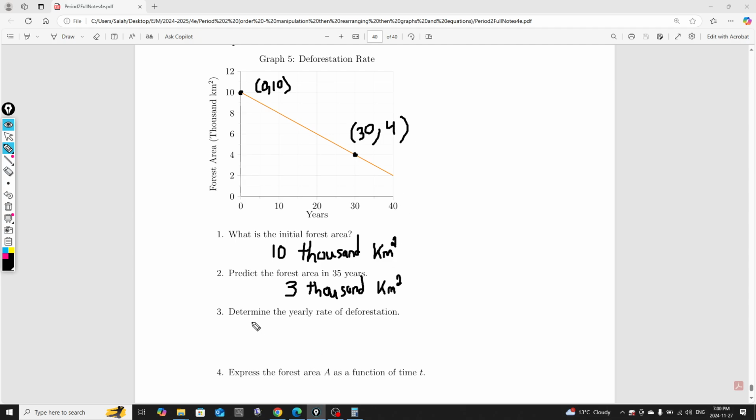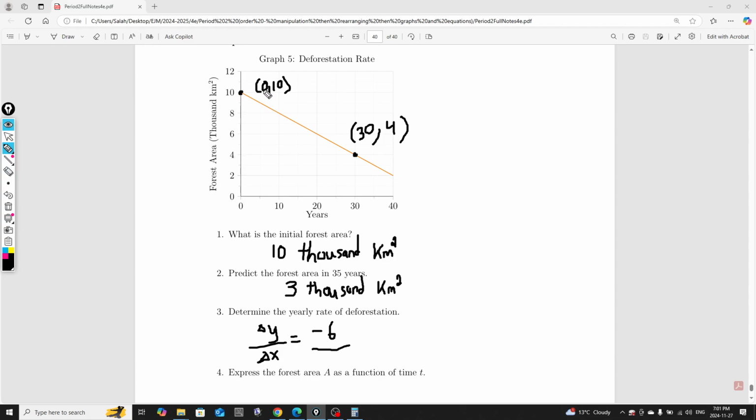Okay, so the vertical change here is going from 10 down to 4. So the vertical change over the horizontal change. We're going from 10 down to 4. That's a decrease of 6, right? We're going down 6.